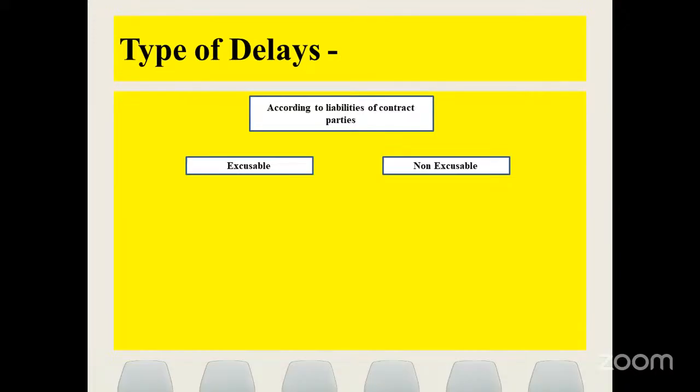Now, sometimes what happens, concurrent delay means you delayed one activity, and due to that, let's say you have not completed PCC on time, for example, and due to not completing PCC on time, reinforcement of the footing has been delayed. But in non-concurrent, what happened? You have delayed PCC, but I can complete my activity within time.